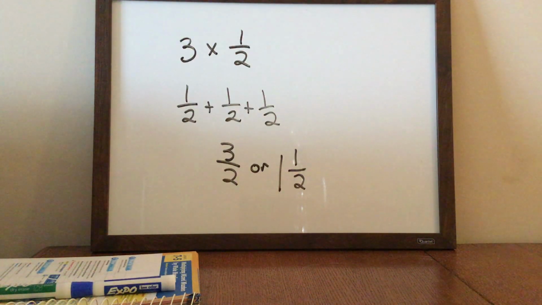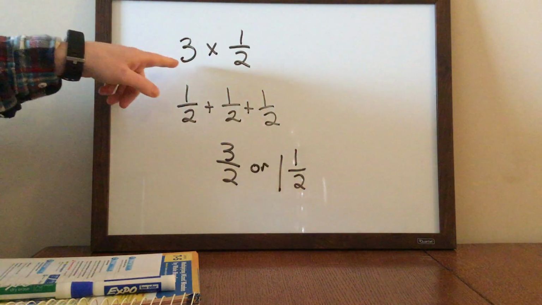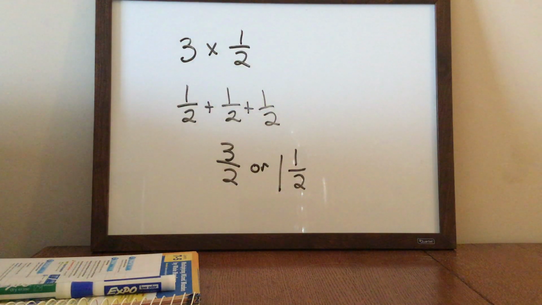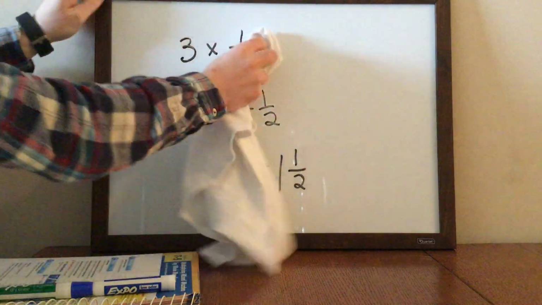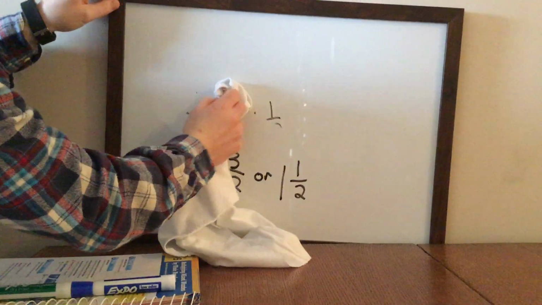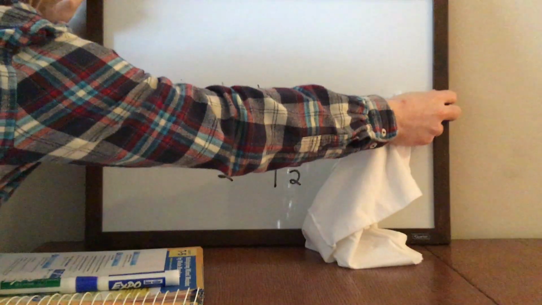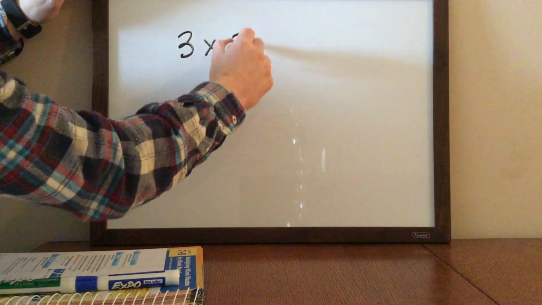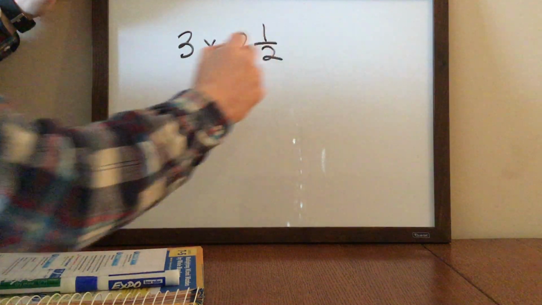That same process of multiplying a whole number by a fraction is going to work when we are multiplying mixed numbers. So let me erase this and we'll try a new problem. Let's say this time I have 3 times 2 and 1/2.